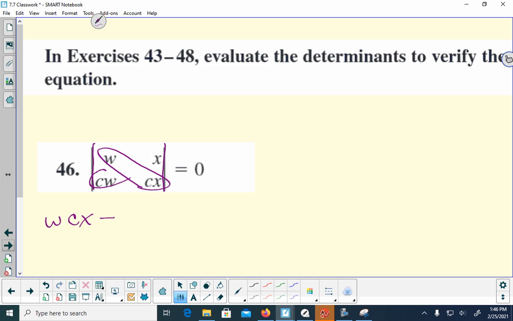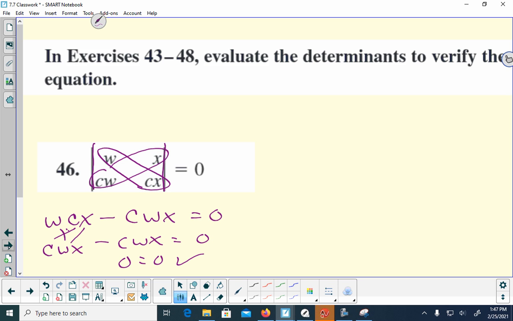Minus, doing the same thing, this will be CWX, and I'm trying to show that that's equal to 0. Well, remember, the order that I multiply in does not matter, so I can rearrange this one to CWX, because they're all represented there, and minus CWX. So if I take the same thing and subtract itself, I'm going to get 0 is equal to 0. So I've shown, or I verified, that equation.